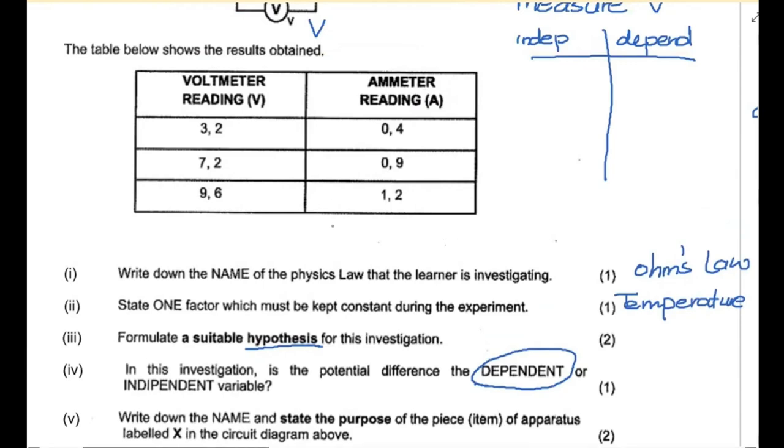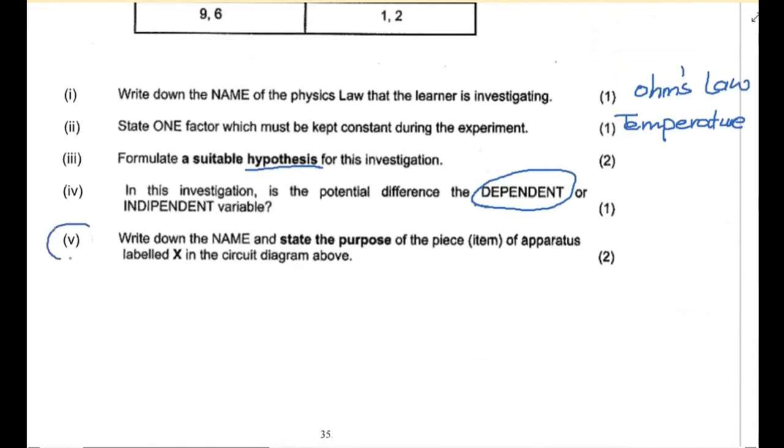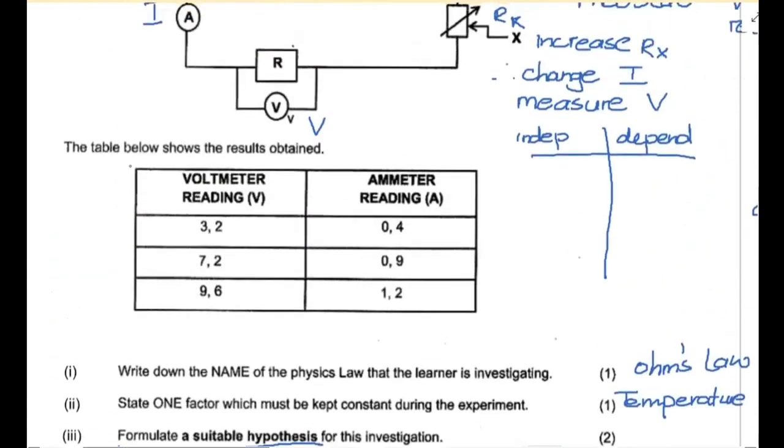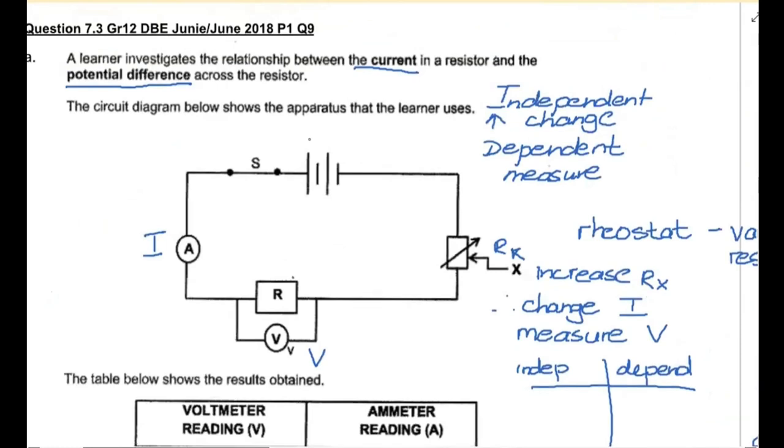So here, for me, this question should actually have come here so that you could have thought about why this is there. Because even the first statement they gave you, it's not necessarily clear that the current is the independent.